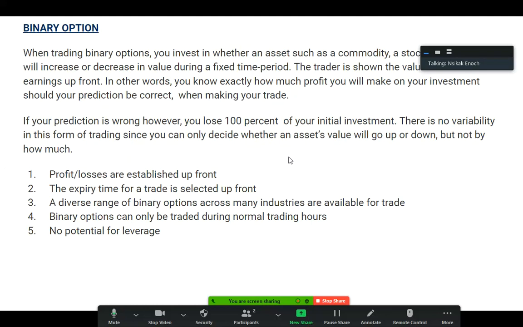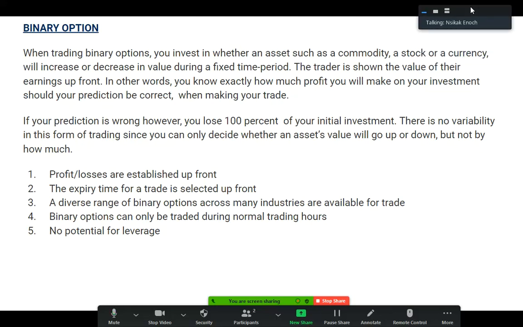When trading binary options, you bet whether an asset such as a commodity, a stock, or a currency will increase or decrease in value during a fixed time period. The trader is shown the value of their earnings upfront. In other words, you know exactly how much profit you will make on your investment should your prediction be correct.